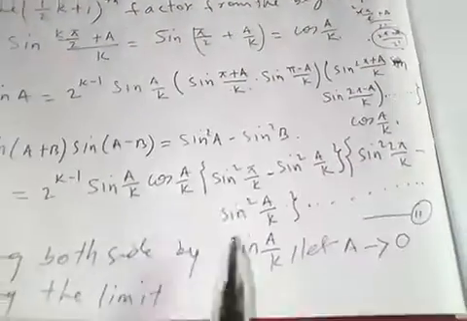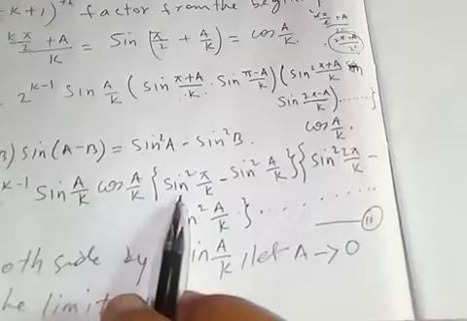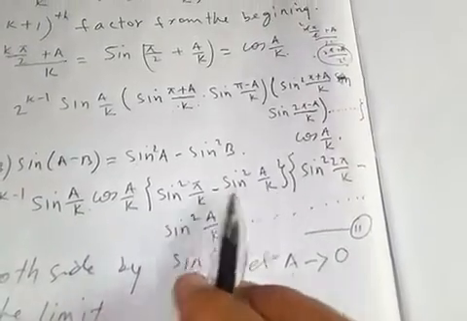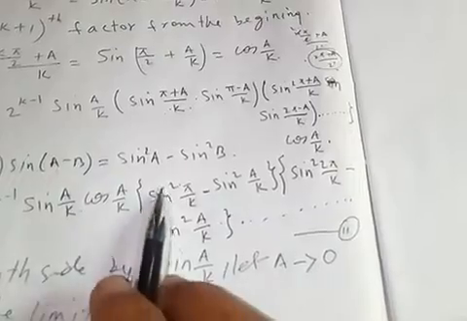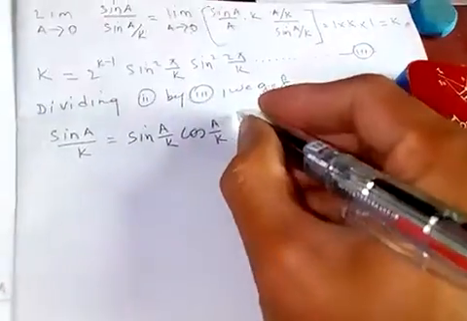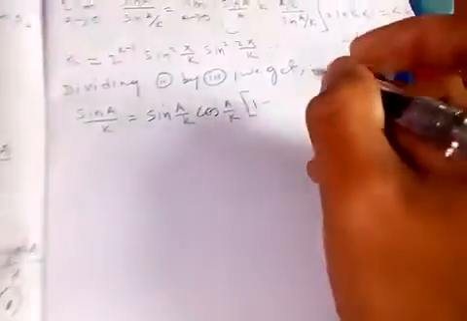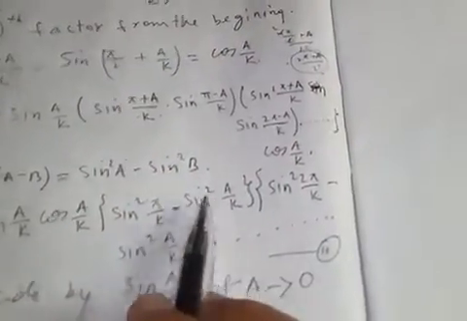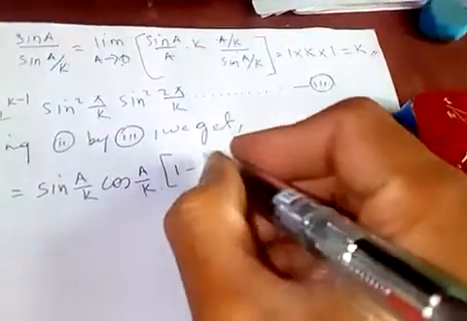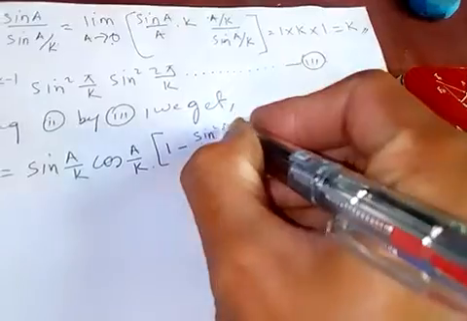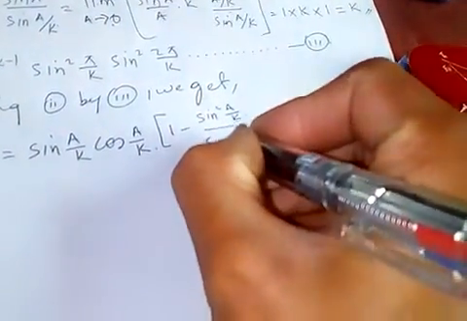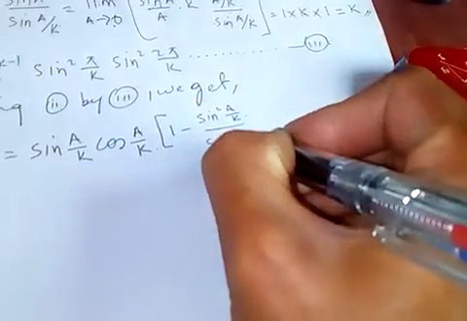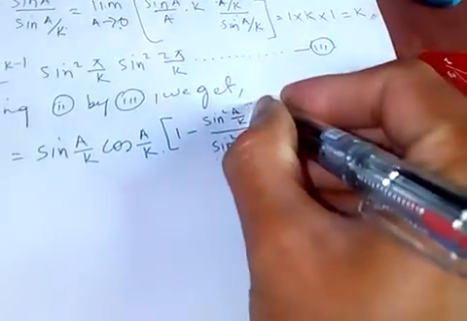Now if I divide here by sine square pi over k, that means this whole term will be divided by sine square pi over k, and this and that will cancel, and 1 will remain. So here it will give 1 minus sine square a over k divided by sine square pi over k, and this is one term.